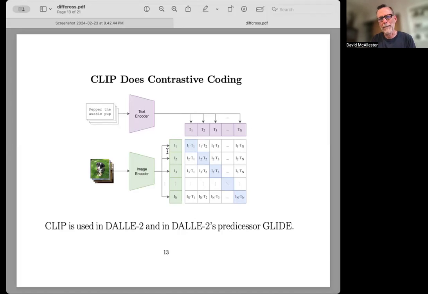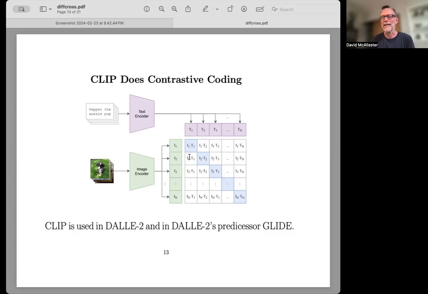So I take a bunch of images, n images, typically a very large number. So you'll take a batch of pairs, and you'll encode every image in that batch, and you'll encode every text block in that batch. So we get the text for all the different texts in the block. We get an image for all the different images in the block.